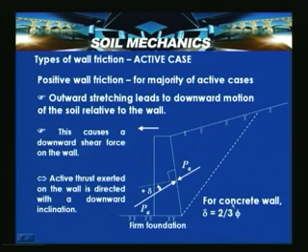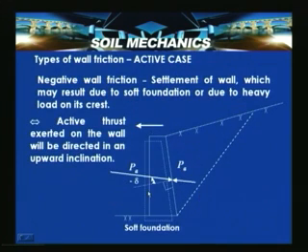Mostly for concrete walls, the wall interface friction angle is 2/3 times the friction angle of the soil. So in this we have seen the positive wall friction active case, where the direction shown here acts below this line, indicated by positive delta.